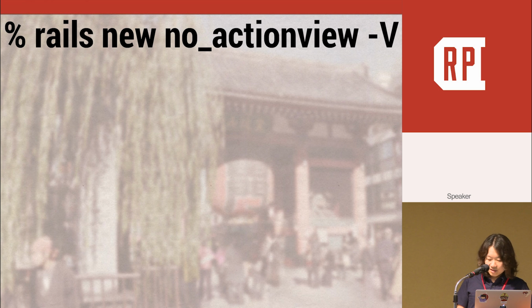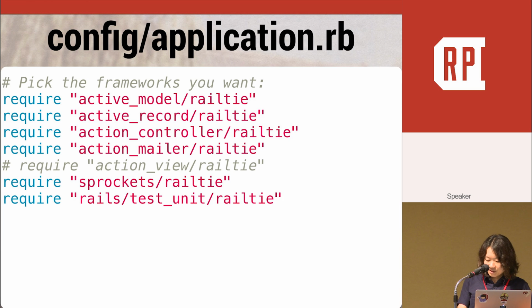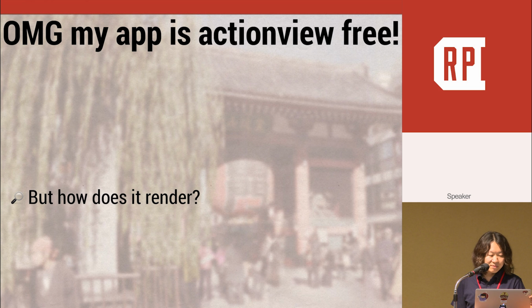So the generated configuration file becomes like this. It contains something like require active_model, active_record, action_controller, but the require of action_view/railtie is commented out like this. So here it is. Now this application is ActionView free, right?